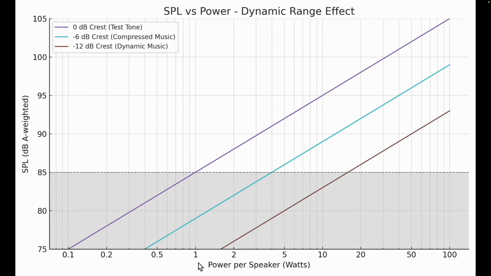So that 85 minus 12, now you're going to be at about 73. And that's going to be down here. So basically what this tells us is that 1 watt isn't giving us as much as we might expect it to if we're basing this solely on a sensitivity spec. You have to factor in that music is dynamic and has a wide range.